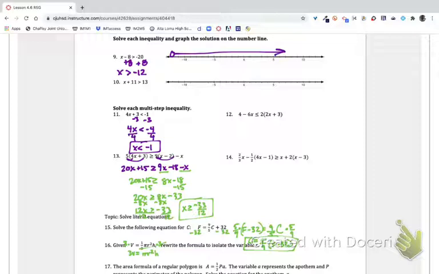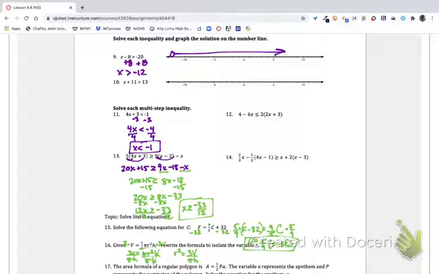Next, I'll get the pi and the h out of the way. Divide by pi and h. Pi's cancel, h's cancel. And you end up with r squared equals 3v over pi h. Now, the tricky part here is that we haven't really gone over square roots. But r squared, the inverse of squaring something, is to take the square root.